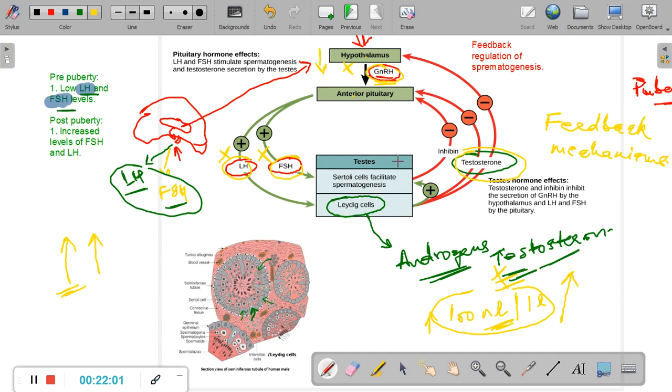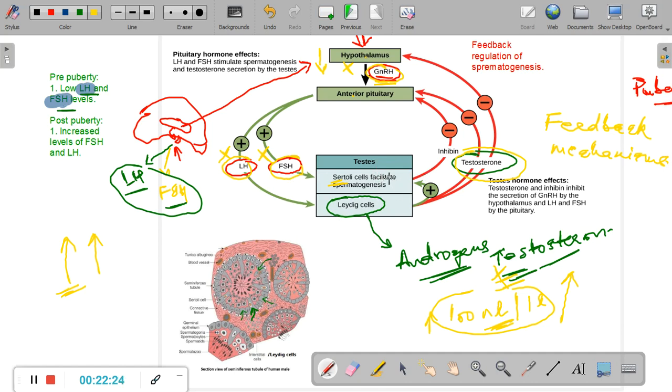And if there is less testosterone, there is less spermatogenesis. And if there is less FSH, there is lesser caretaking by the Sertoli cells of the spermatids, and basically lesser maturation of the spermatids to spermatozoans or sperms, right? So this is the feedback mechanism.